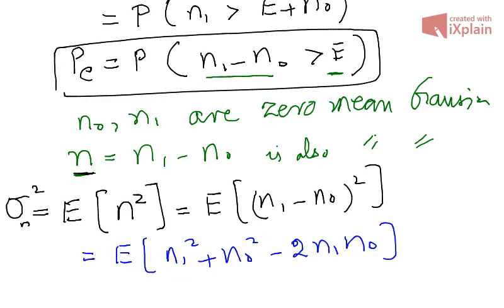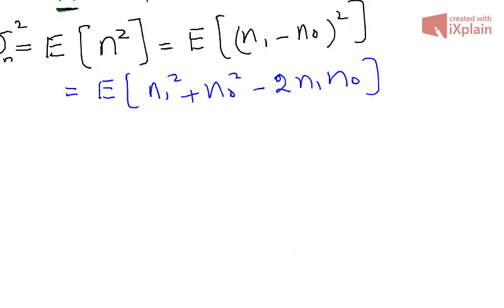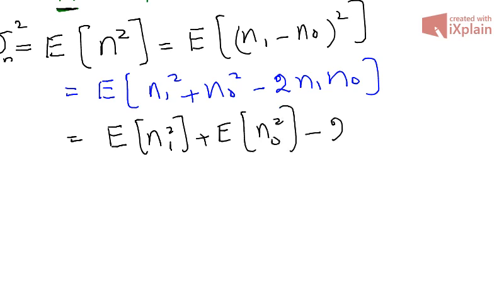If you further write this expression, this expectation operation will operate on the first random variable, the second random variable, and 2 times the expected value of n1 and n0, right?